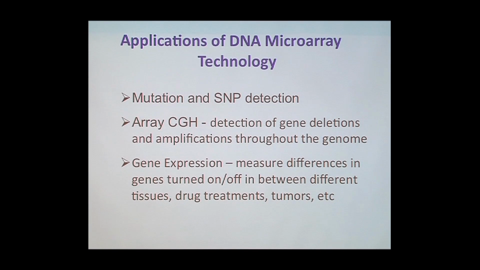So it can be used to detect single gene mutations and single nucleotide changes, like we talked about last night, single nucleotide polymorphisms. It can be used very similarly to comparative genome hybridization. That can be placed on an array. I'll show you an example of that in just a moment. So it's a way of looking at deletions or amplifications of regions throughout the genome.